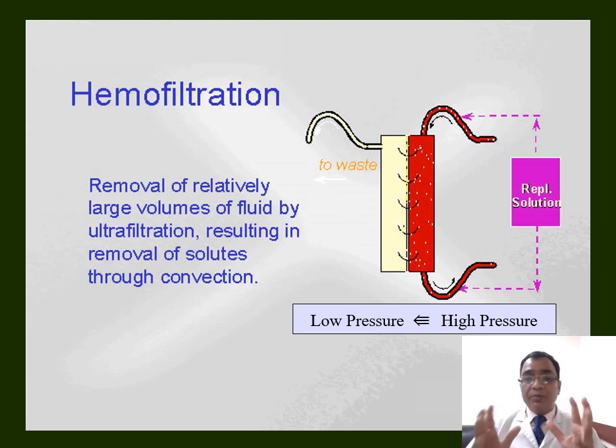This is called hemofiltration. So the process is the same, convection. Ultrafiltration is happening across the pressure gradient from high pressure to low pressure, but the amount would be large, and the same amount of ultrafiltrate will be replaced in the patient circulation in the form of the replacement solution. So hemofiltration is equal to, like a mathematics, ultrafiltration plus replacement fluid.